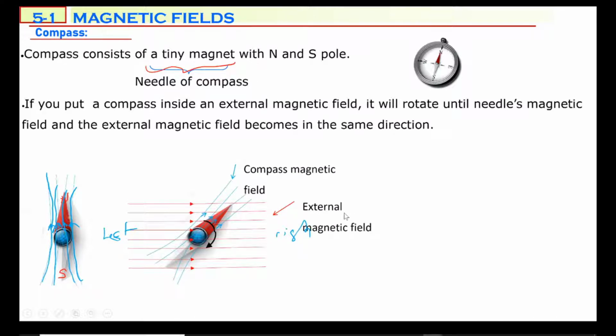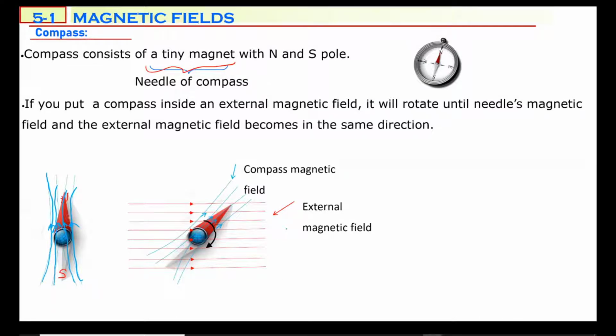If you locate a compass inside a magnetic field, this compass will start rotating. It will keep rotating until the magnetic field lines of the compass are in the same direction as the external magnetic field. These red lines represent the external magnetic field. Those blue lines represent the magnetic field of the compass.